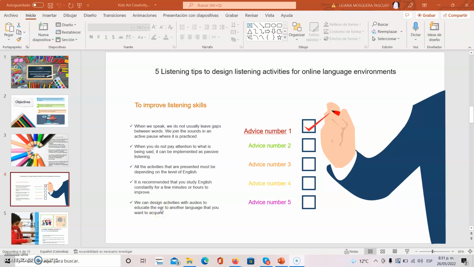Listening activities use audios to educate the ear to the other language that you want to learn, and meet the five tips for listening in virtuality.